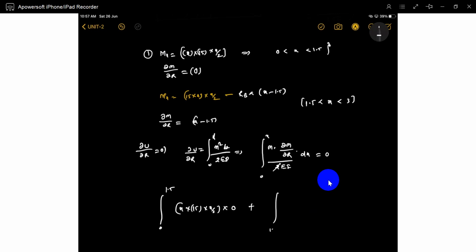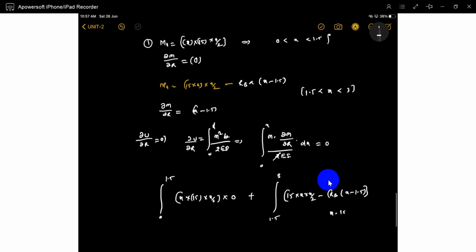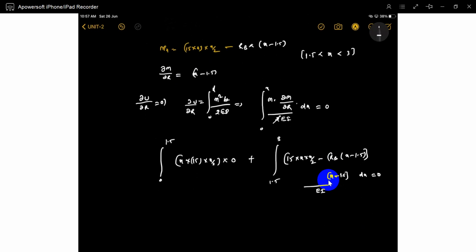Again, for 1.5 to 3, M is 15 x square by 2 minus RB into x minus 1.5. Dou M by dou R is x minus 1.5. So divide by EI, dx is equal to 0.